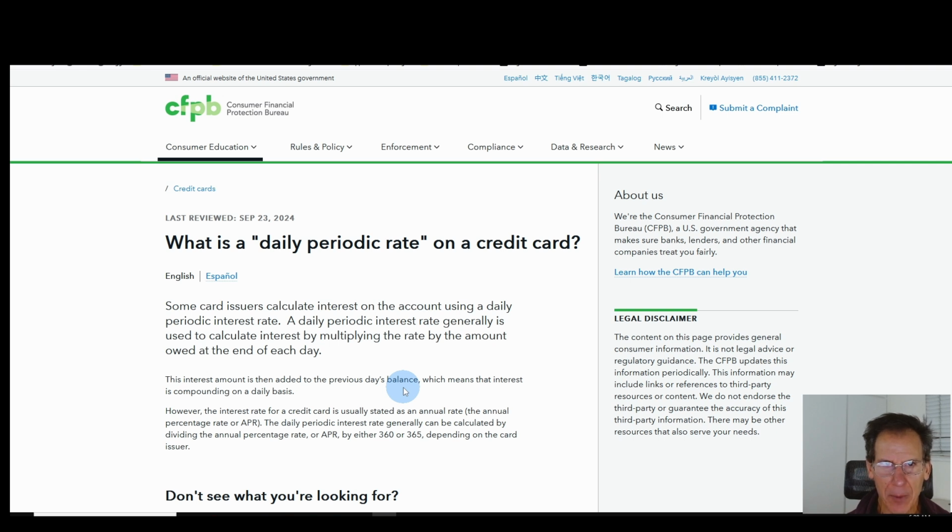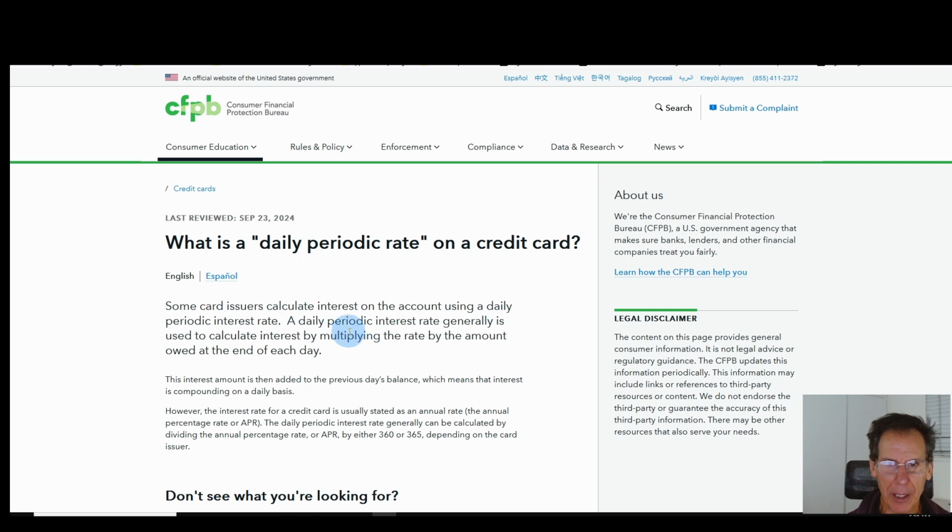This information is from the CFPB, and given that this is Frugal Finance, I'm going to show you the numbers in a minute. CFPB: some card issuers calculate interest on the account using a daily periodic interest rate. I would say most. If you can find a credit card company that just charges you monthly compounding, go for it. If they go annual compounding, well, you want to sign up immediately, but it's unheard of. It's typically daily.